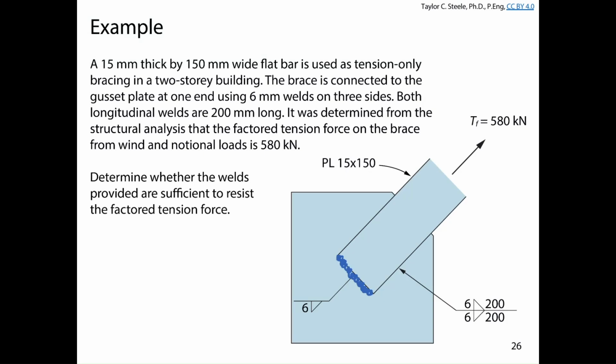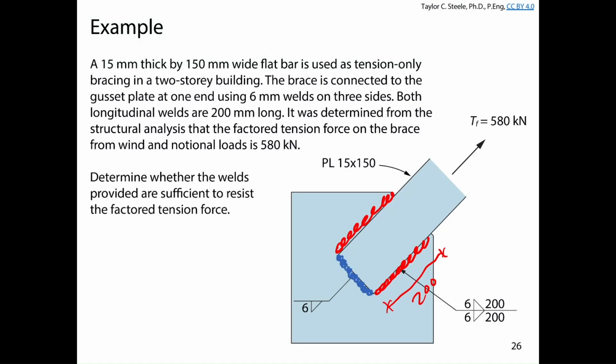So that's one of them. What does the other weld symbol mean? So we've got a 200 millimeter long weld on both sides. Great. Okay, so the weld symbol here means that on this 6 millimeter weld, we have 200 millimeters worth of weld on both sides of the plate.